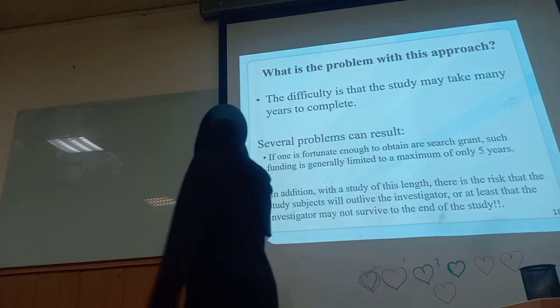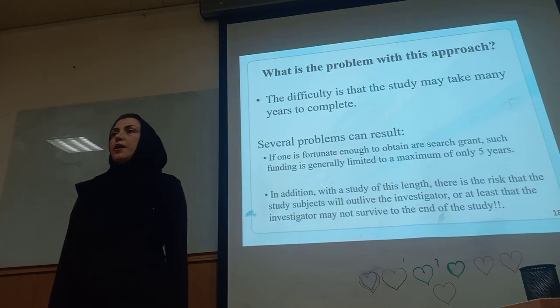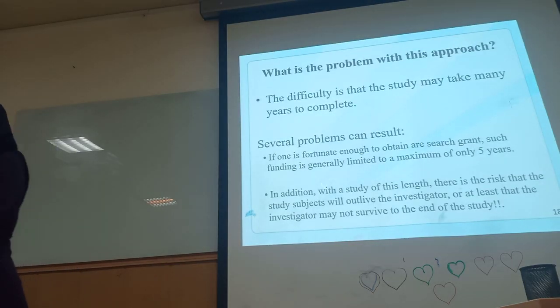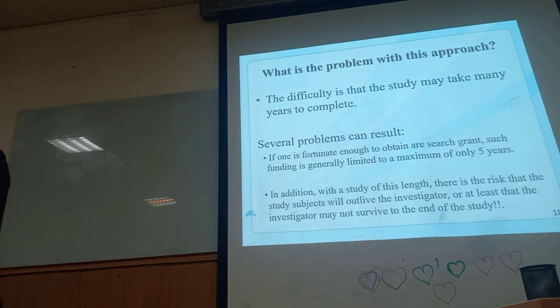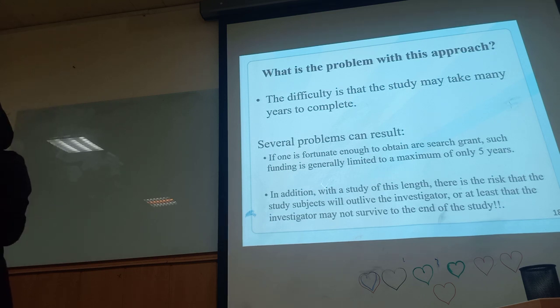The difficulty is that the study may take many years to complete. For example, if incidence of a cancer takes 20 years, we should follow the healthy population for 20 years to find the disease occurrence among them.